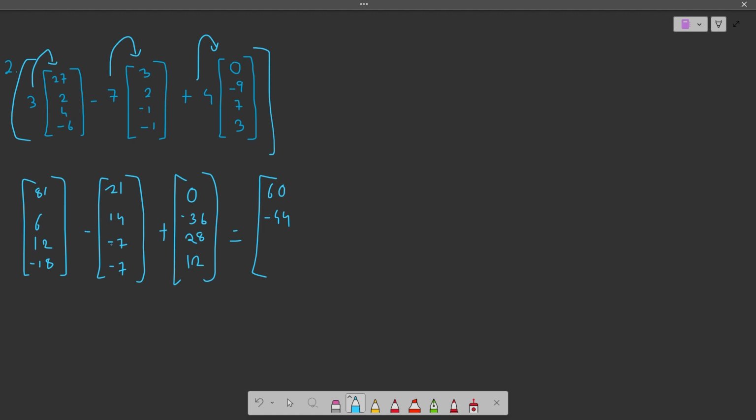Then we have 12 minus -7, so plus 7, so we have 19. 19 plus 28 is 47, and -8 minus -7 gives us -1, and plus 12 is 11. Wait, more precisely the last entry: -11 plus 12, so we have 1. So this is the answer.